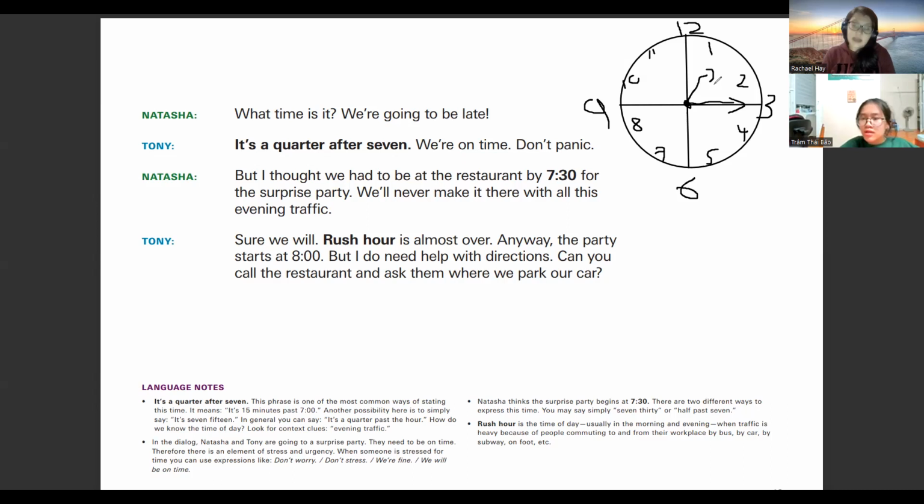So if we go by the 3, it's quarter past. I'm just going to put QP. When it's by the 6, it's going to be half past. So I'm just going to put HP. When it's by the 9, it's going to be quarter to. So it's going to be QT. And then 12 is obviously your hour on the dot, like your exact hour.